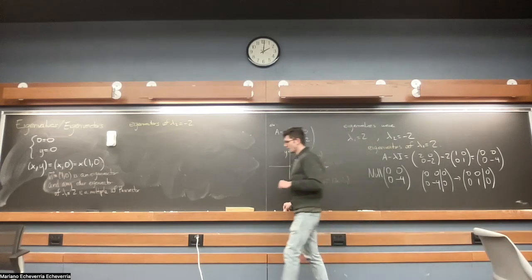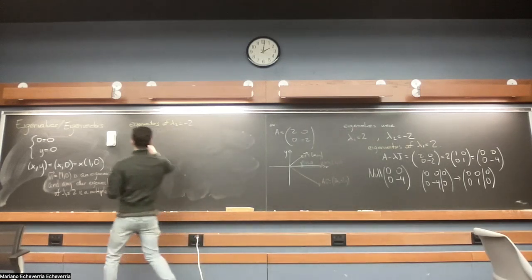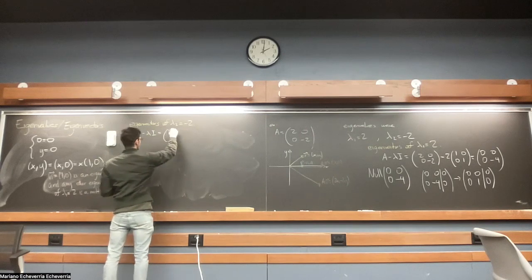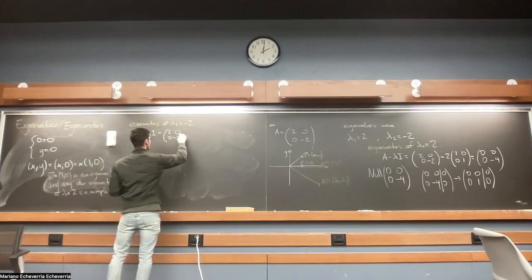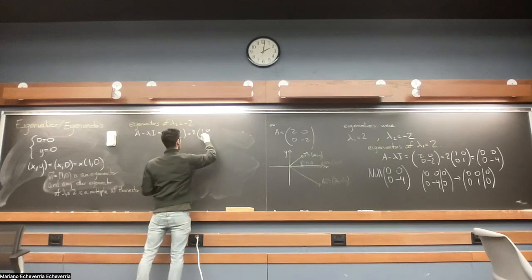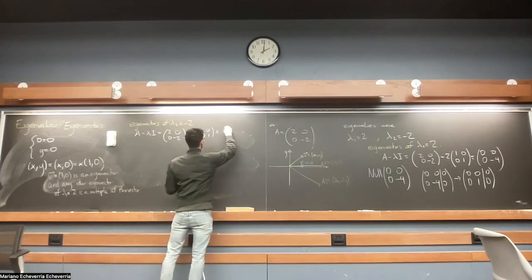Again, you have to do A minus lambda I. A is still 2, 0, 0, -2. Lambda is now -2, so it becomes +2 times the identity. So this gives you what? 4, 0, 0, 0, right?